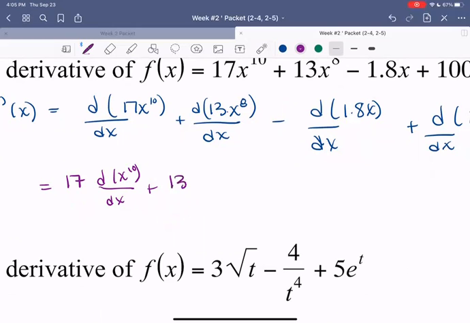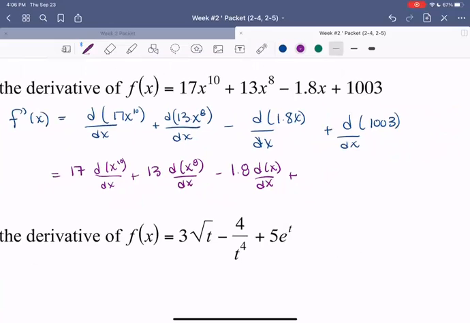So we have 13 times the derivative of x to the 8, minus 1.8 times the derivative of x, plus, well, now we have 1003 times the derivative of 1.